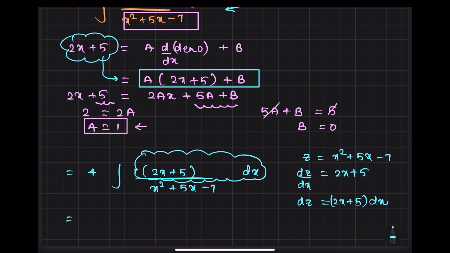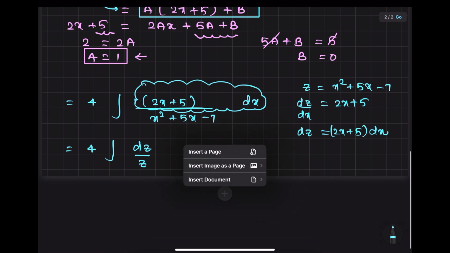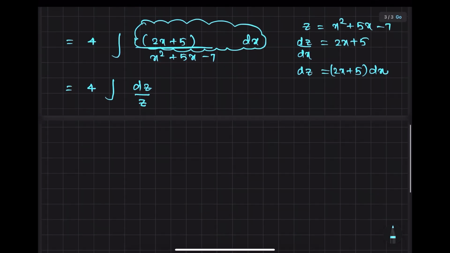So can I write this question as 4 times dz by z? Now you have to integrate 1 by z. The integration of 1 by z is log z, and then you have to put the integration constant, but later you have to replace this z. So what was your z?